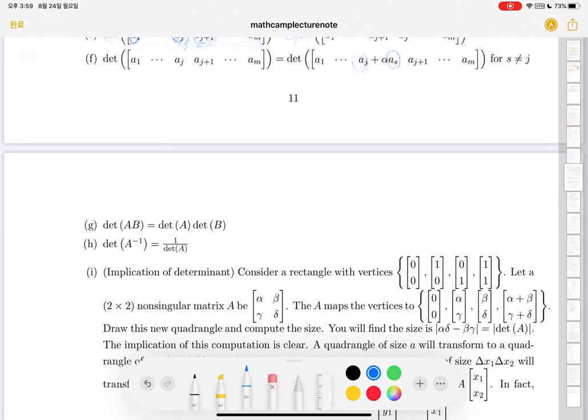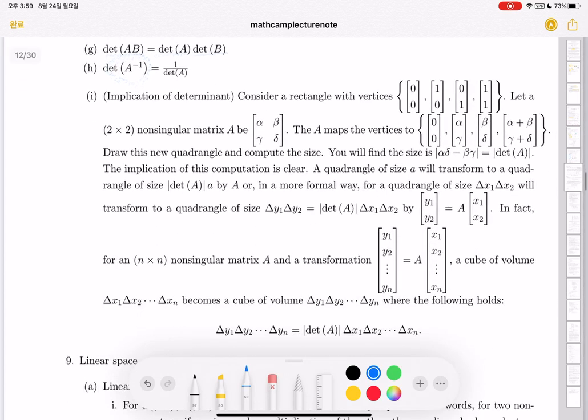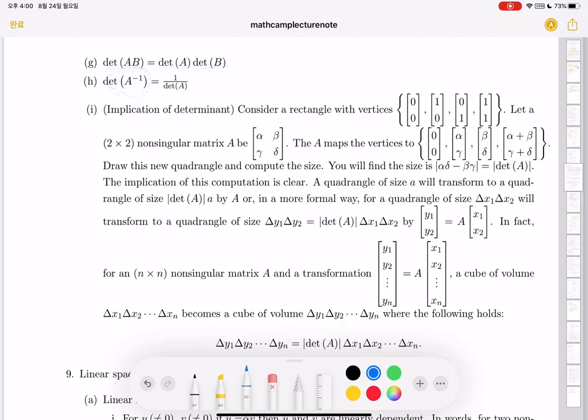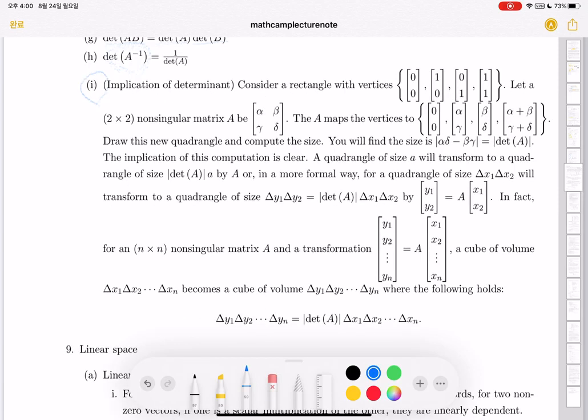The determinant of A times B, if A times B is possible, is the determinant of A times the determinant of B, and the determinant of A inverse is the reciprocal of the determinant of A. Read this part carefully and understand what the determinant implies in a geometrical sense.